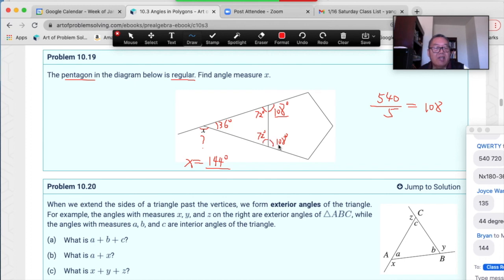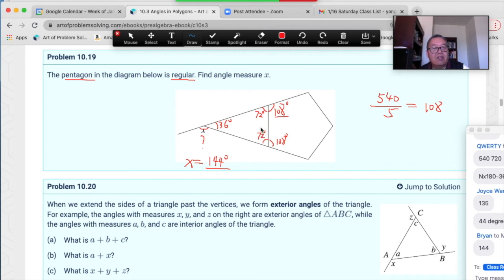Then this one is the same, this one equals 72 degrees. Then the sum of these three angles should equal 180. So this angle equals 180 minus 144, that's 36 degrees. Therefore, this angle should equal 180 minus 36, so that's 144.